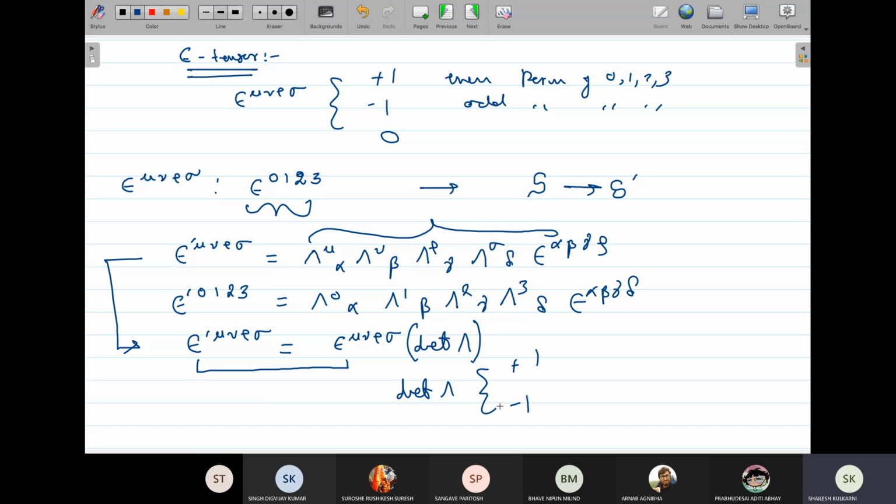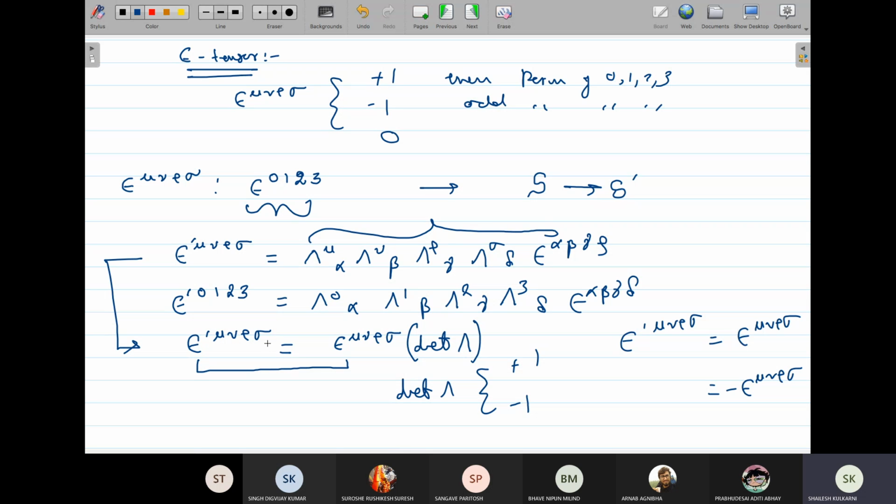Determinant of Lorentz transformation is either +1 or -1, depending upon whether it is improper or proper. So I can have either this one or this one.